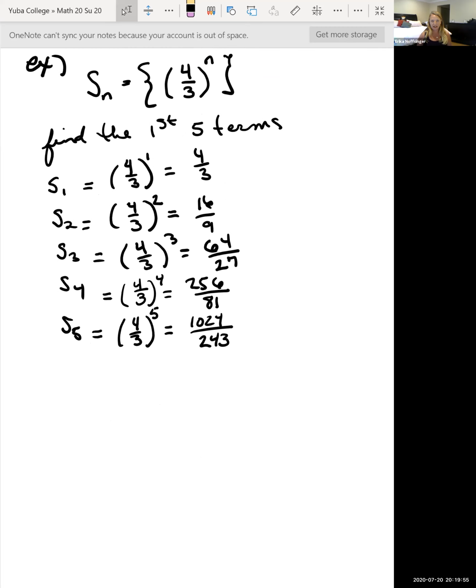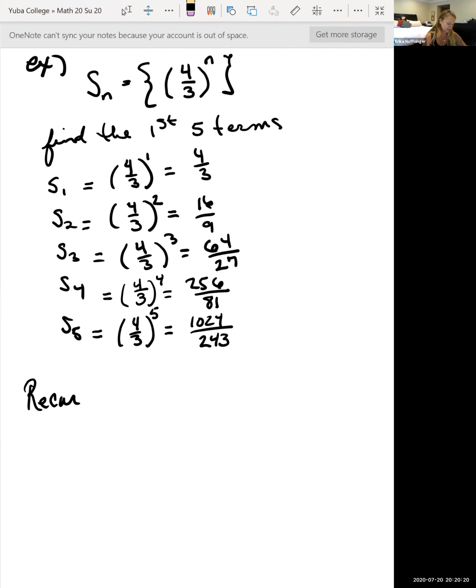So we're going to look at special sequences in the next 2 sections: arithmetic sequences, which have particular patterns, and geometric sequences. Here, we're going to look at recursive sequences. So a recursive sequence is where you have terms dependent on other terms in your sequence.